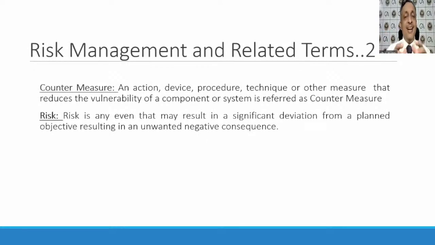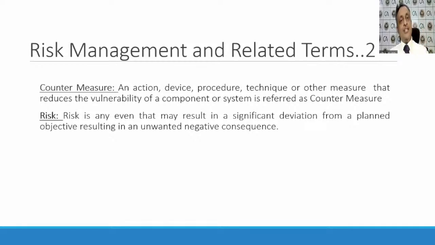Countermeasure is action, device, procedure, technique. That is basically control you put in place to reduce vulnerability. And risk, the possibility of loss. I'm doing this again. This is very, very important. Risk, possibility of loss due to threat agent exploiting vulnerability.